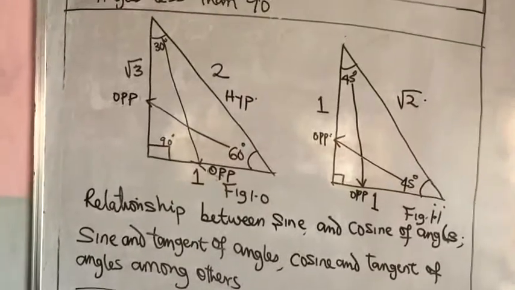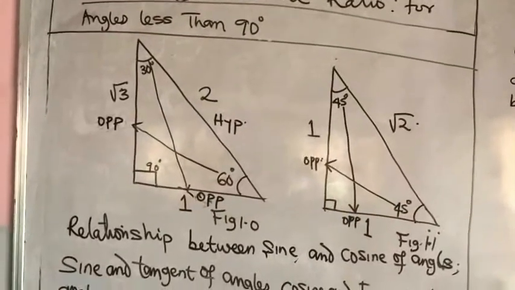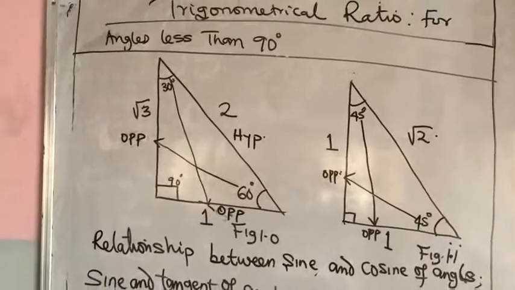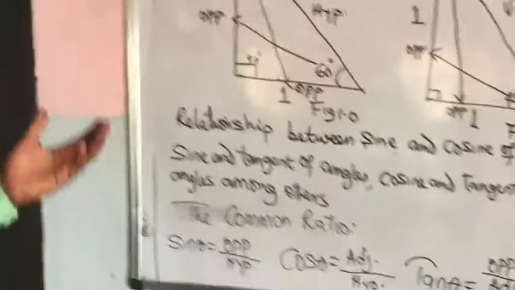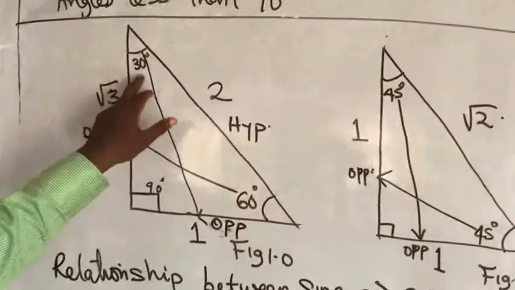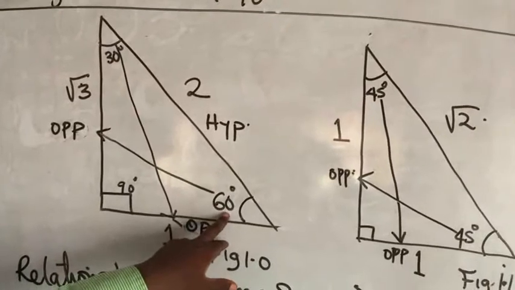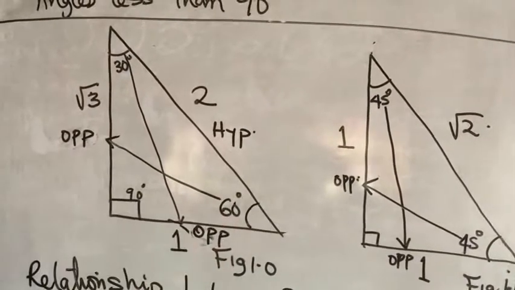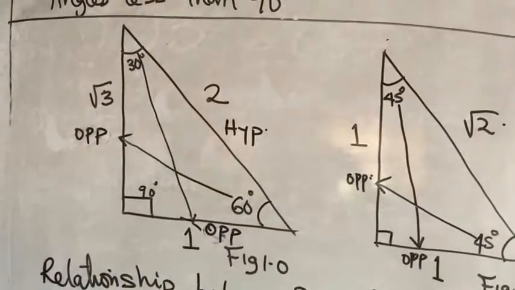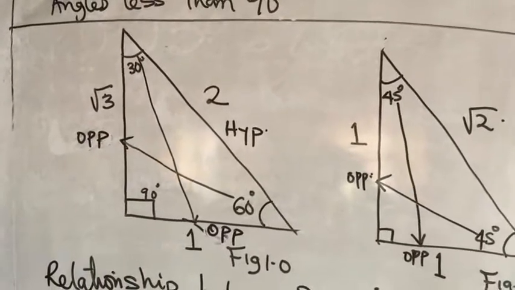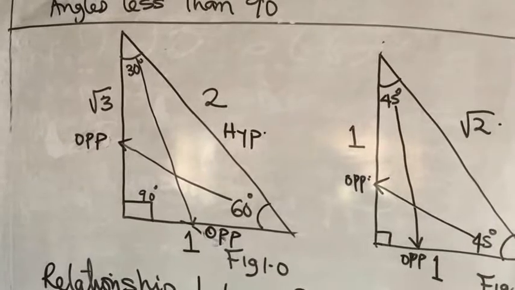Here we are narrowing it down to a right angle triangle because we are looking at angles less than 90. You can look at this triangle now. We have here angle 30. Here you have what? Angle 60. Now it is important that for every angle we have in this right angle triangle, you have to locate the opposite side and the adjacent side.